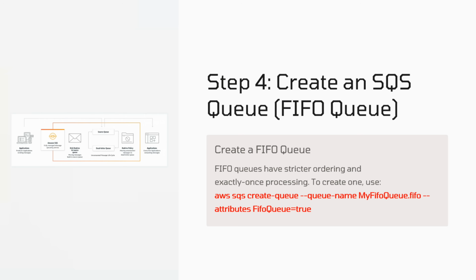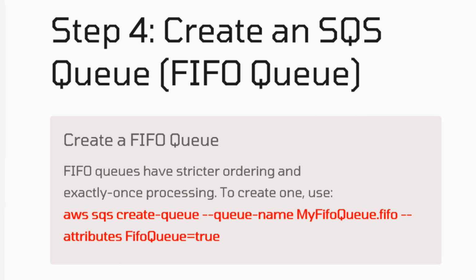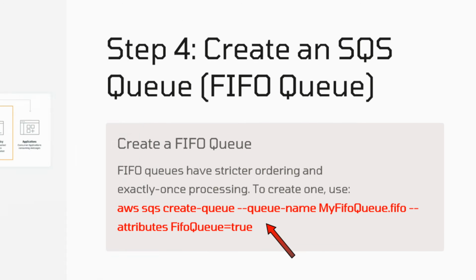Now we will see how to create a FIFO queue. FIFO queues have stricter ordering and exactly-once processing. To create a FIFO queue, we have to use this command: aws sqs create-queue, and the queue name I am giving is my FIFO queue dot fifo, then attributes, then FifoQueue equal to true.